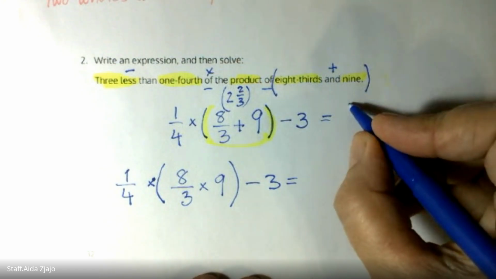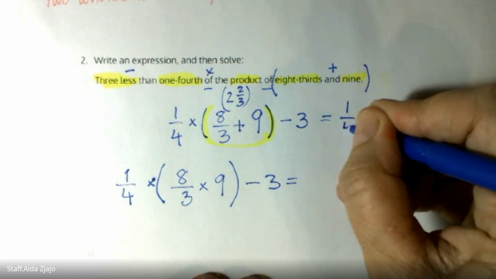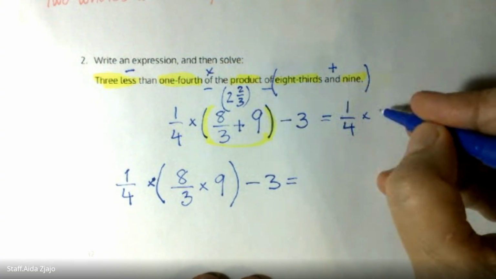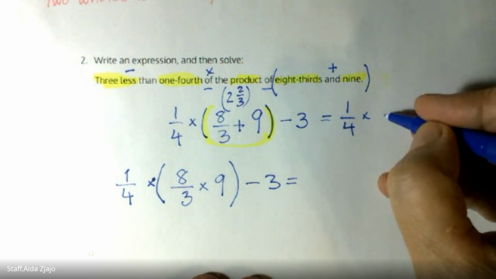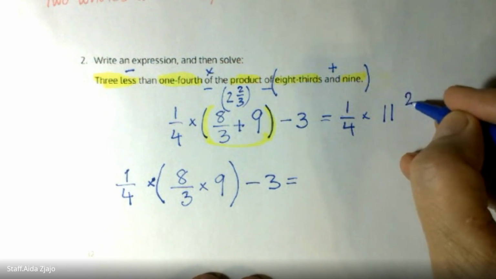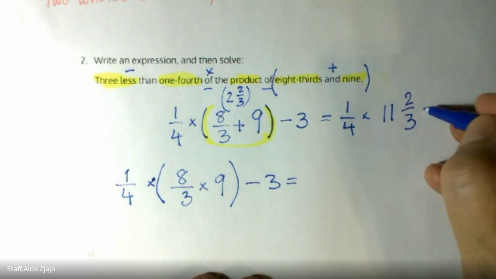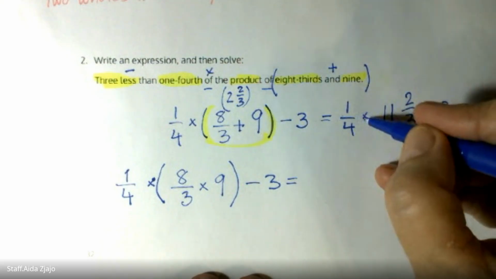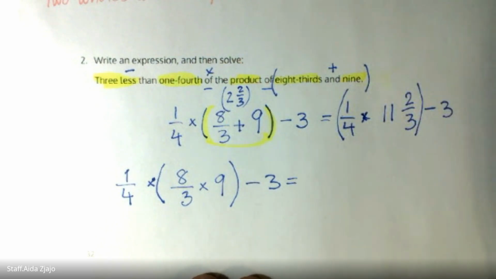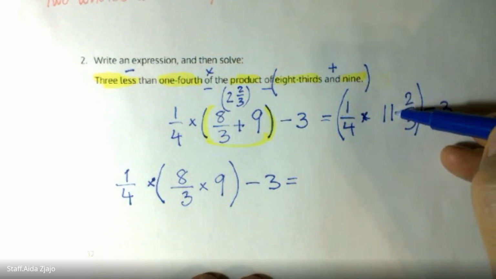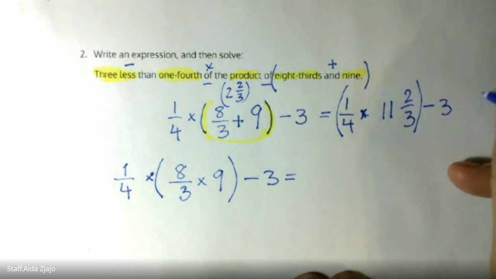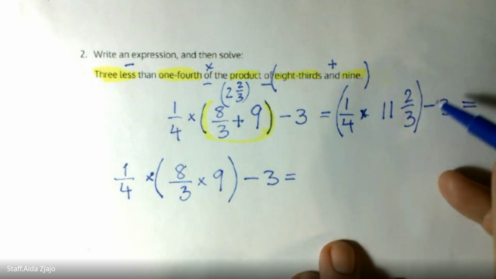That will give me 1/4 times, this becomes 2 wholes and 9 makes 11 wholes and 2/3, and then minus 3. Now I have multiplication here, which is an older operation, so I have to do that first. So 1/4 times 11 and 2/3 minus 3.